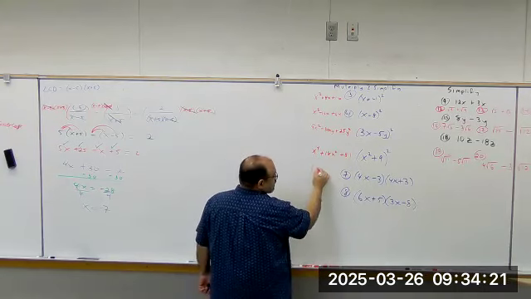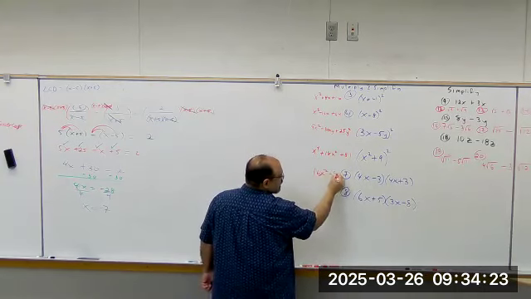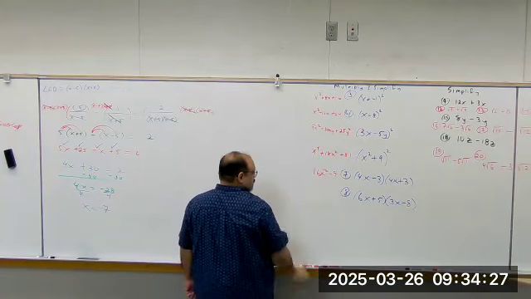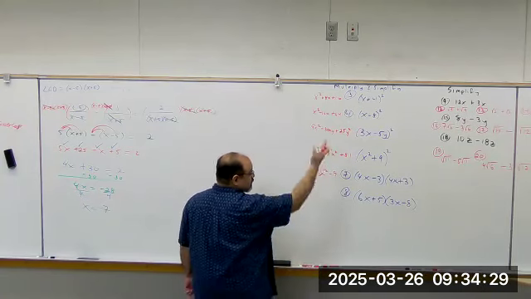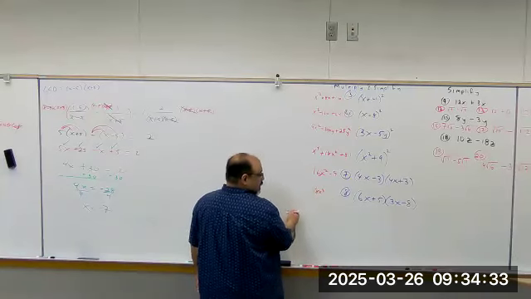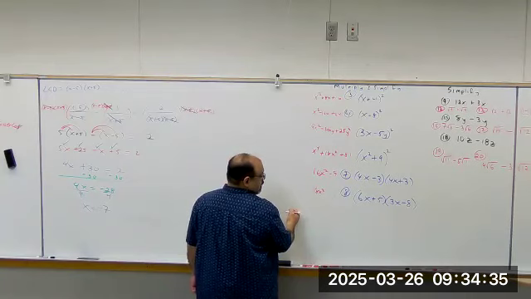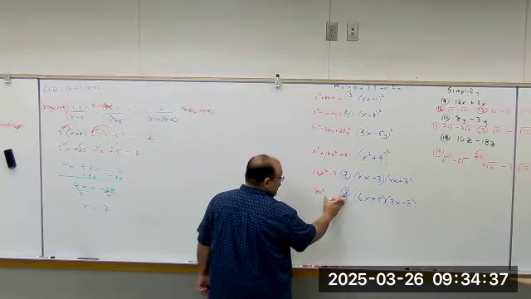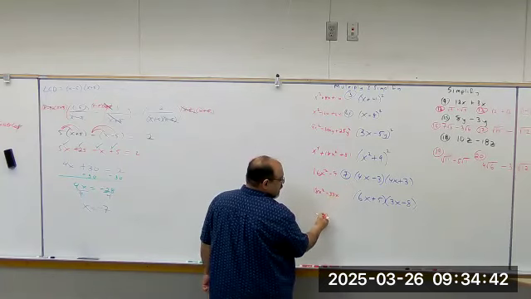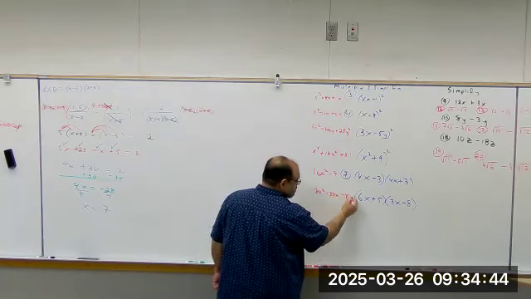And this one's going to be 16x squared minus 9. This one's going to take a little, because it's not one of the special. This is 18x squared, and we're going to get a negative 33x, and then minus 40.